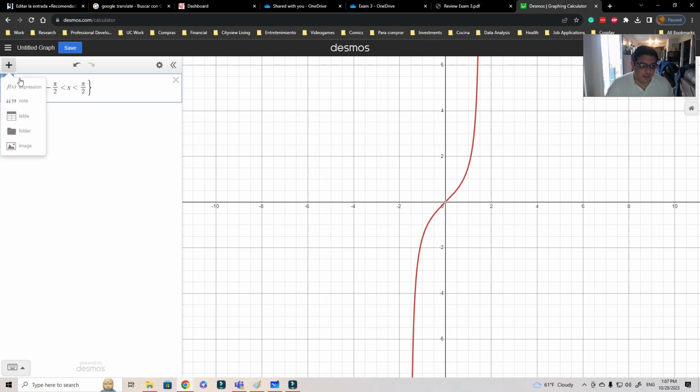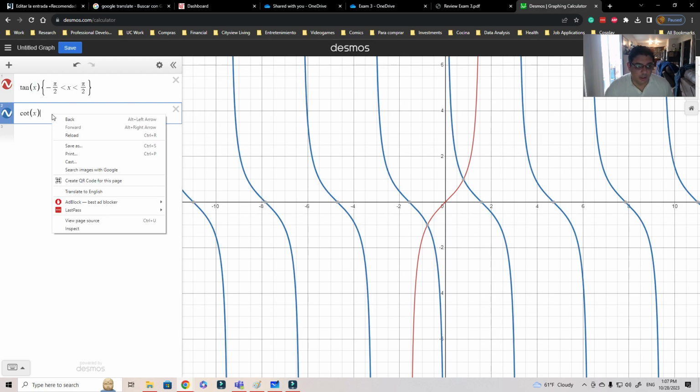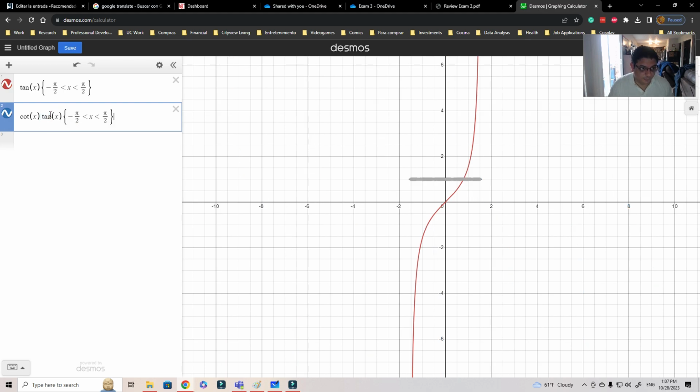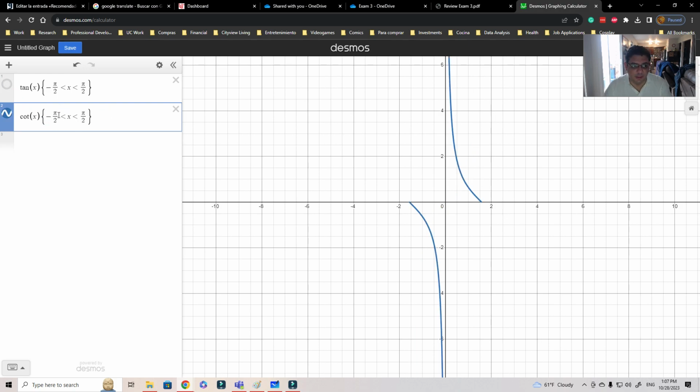Now for cotangent, we have a similar situation. Cotangent of x, and let me remove this one. As you can see, it doesn't use the same domain. For cotangent we're actually using the 0 to pi domain.